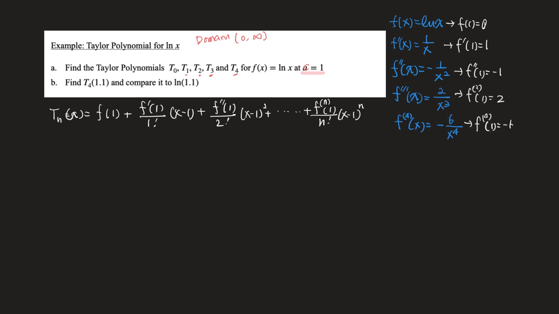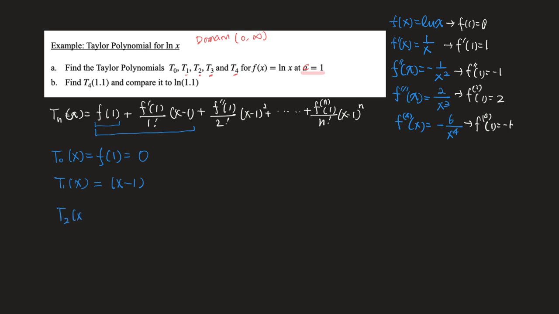Now, let's find T0. T0 means you only have this first term, f of 1, which is 0. T1 of x needs 2 terms, up to degree 1. f of 1 is 0, f prime of 1 is 1, so 1 over 1 factorial times x minus 1.